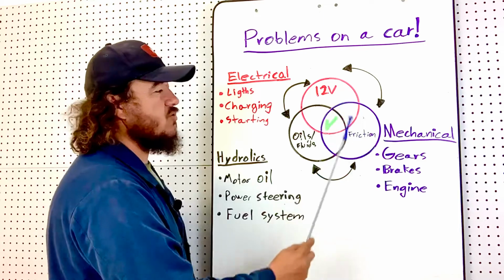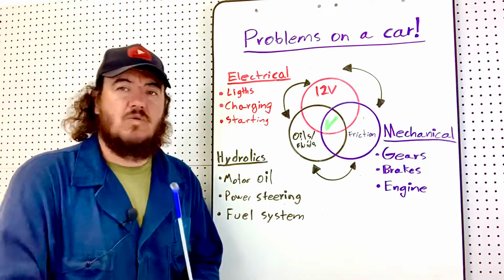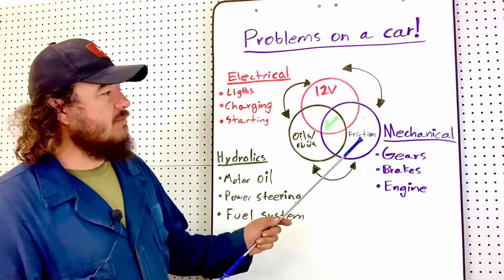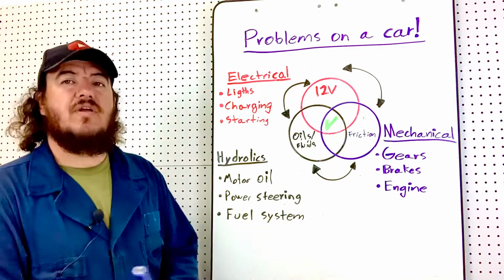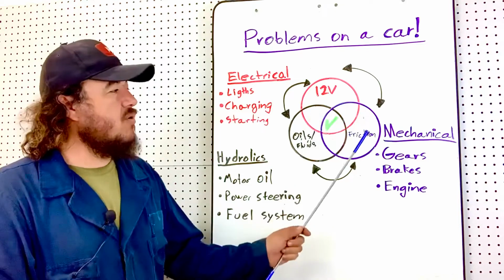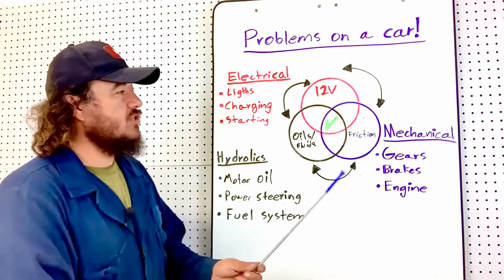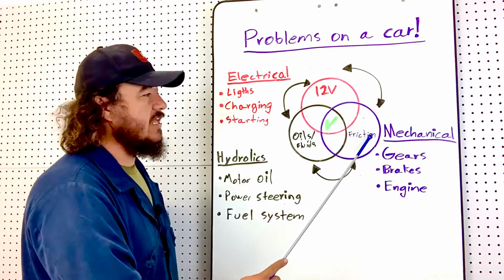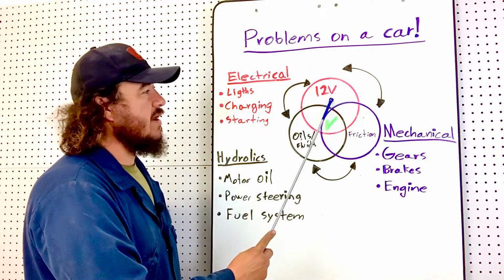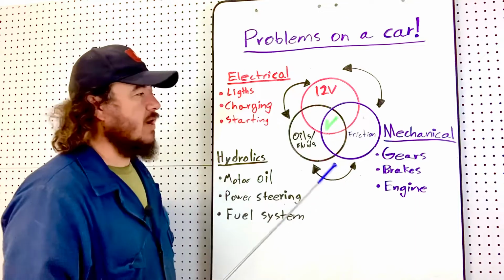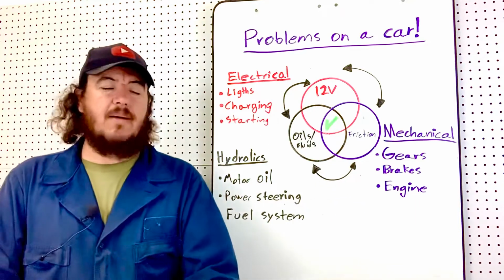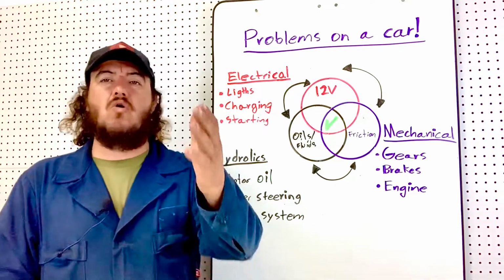So that's why you always want to take a look at what's happening, because if you have a mechanical or oil or 12-volt problem, you can create a bigger problem where another component from a different field, like mechanical, can start failing, and now from one you've created two, and then from two it can create all three to come along and give you a bigger problem, like overheating.